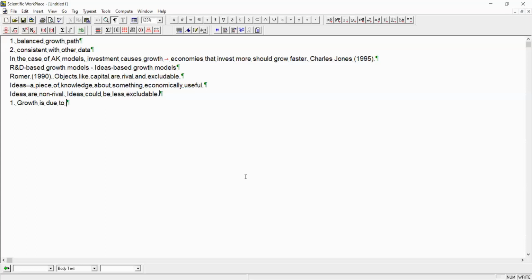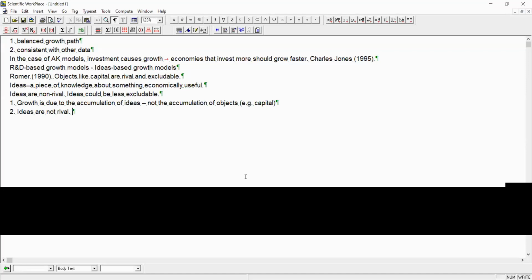Growth is due to the accumulation of ideas, not the accumulation of objects, such as capital, or human capital for that matter, physical or human. Two, ideas are not rival. So that means that potentially multiple people may benefit from the use of the same idea.